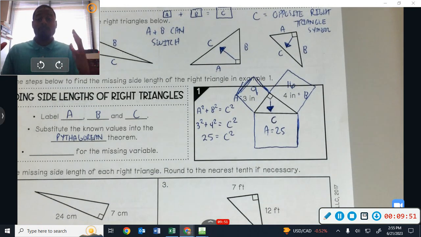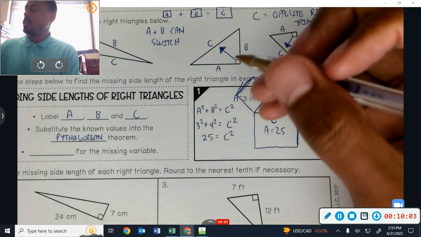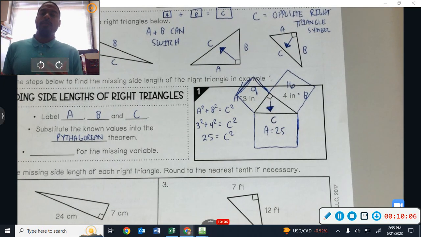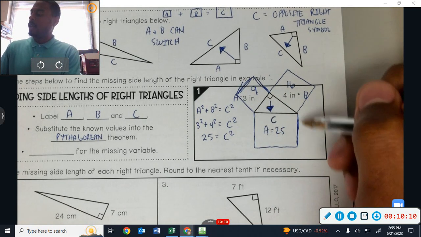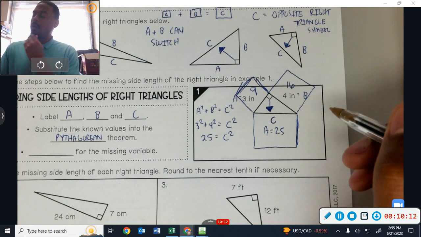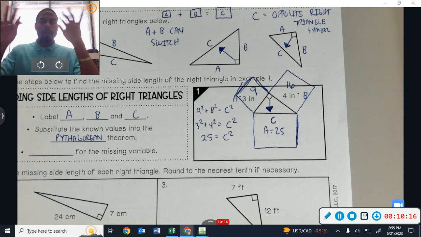Now, what is C? C is the side length. Okay, so we had a topic of how to take square roots. Before we even got to this, we've been learning foundational skills. The square root helps you find the side length of the square. Remember, when you're dealing with a square, all the sides are the same number.